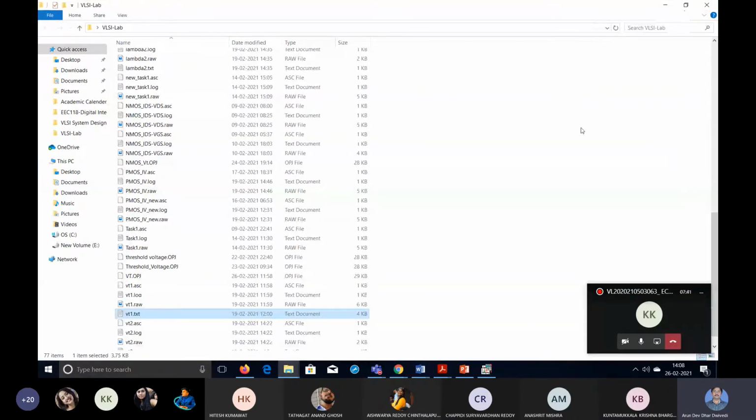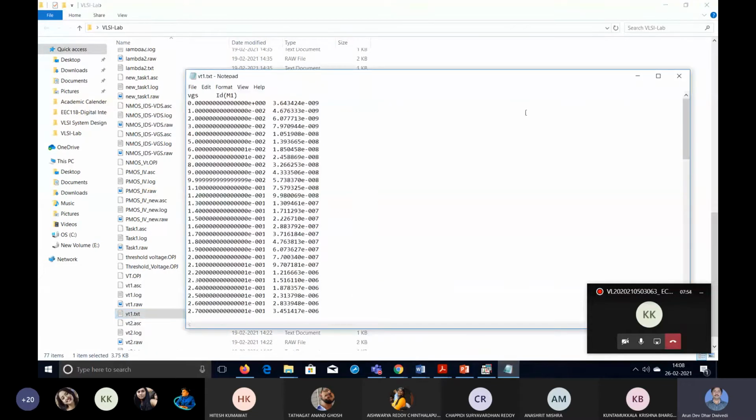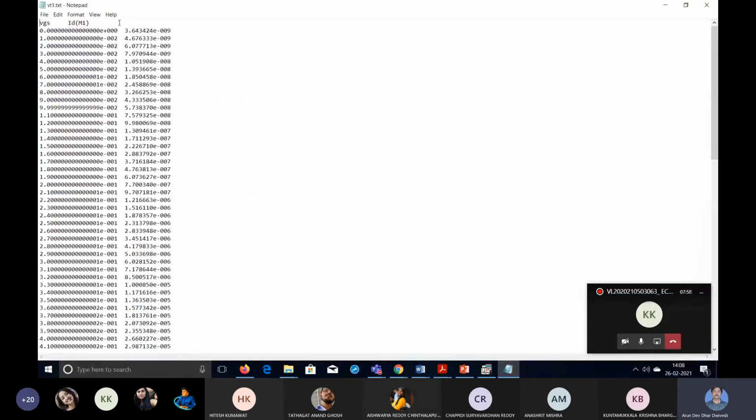Here we can go, and there is a file here, vt1.txt. From LTSpice we have exported the plot, and this is the data of the plot. Basically, the first column is VGS, the second column is ID of MOS transistor M1.